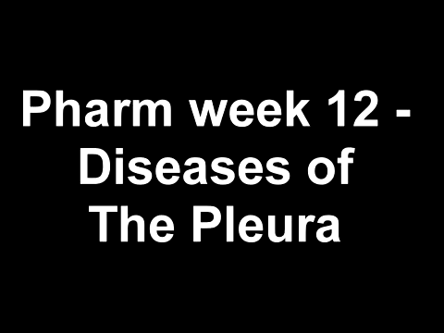Pleurodesis is a terrible procedure because what you do is drain the fluid and then you look for a very strong irritant, something that will irritate the pleural surface. Then you introduce that irritant into the pleural cavity. And it's going to do exactly what you think it will do. It will irritate both the visceral pleura and the parietal pleura.